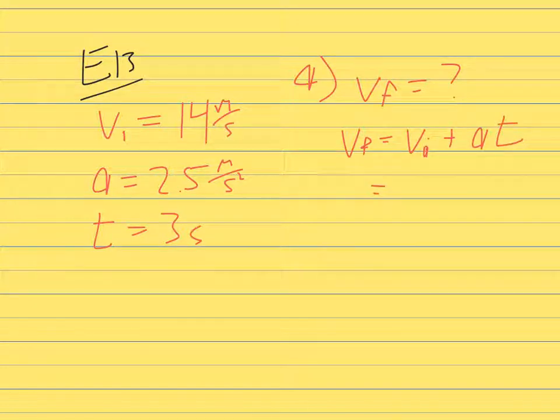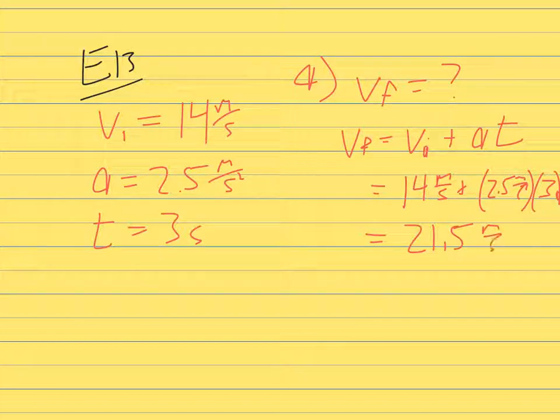So we know the initial velocity is 14 meters per second plus the acceleration, 2.5 meters per second squared, times 3 seconds. Sorry, I'm running off the page a little bit. You can plug those numbers in, and you get a final velocity of 21.5 meters per second.